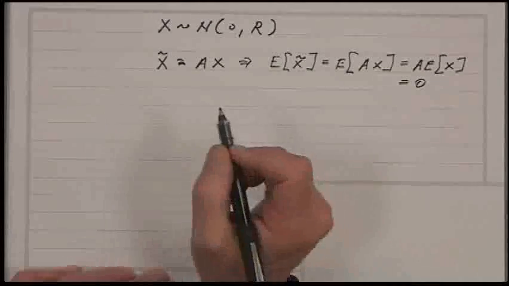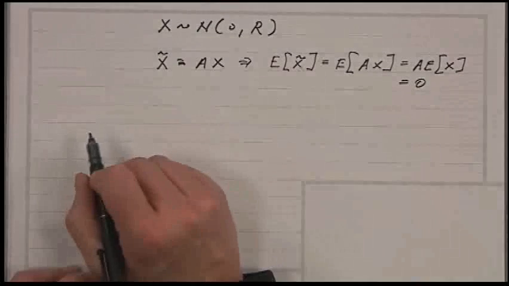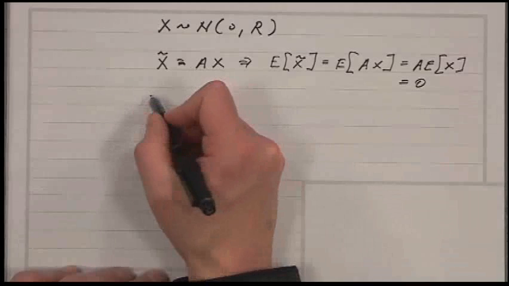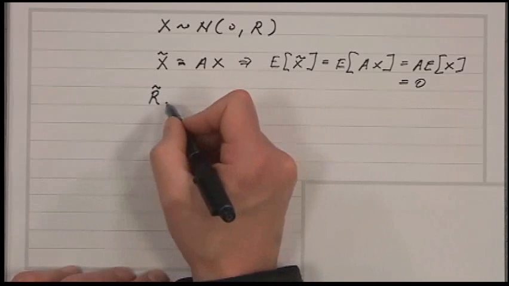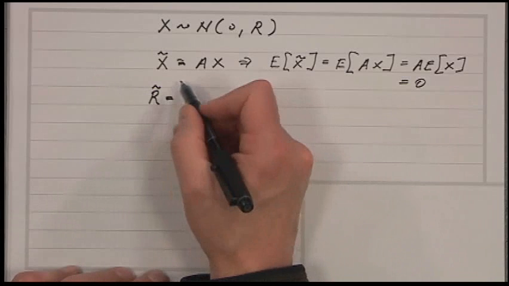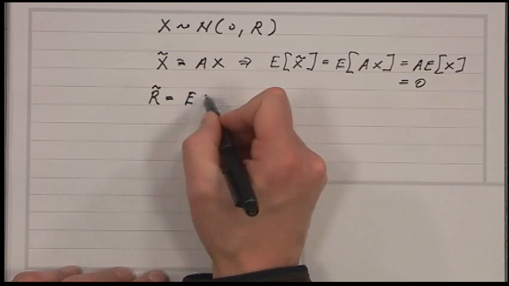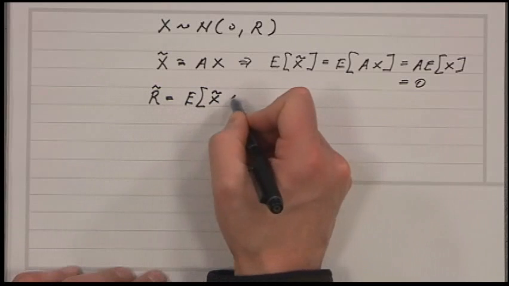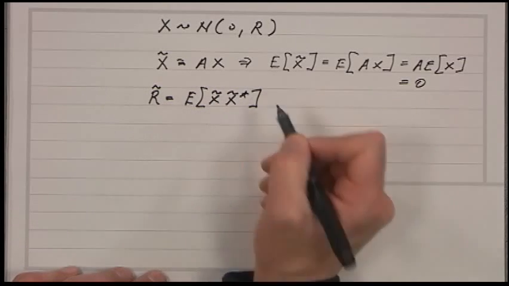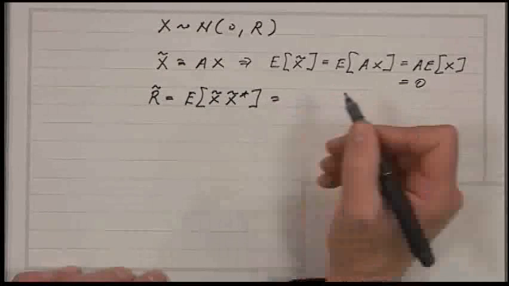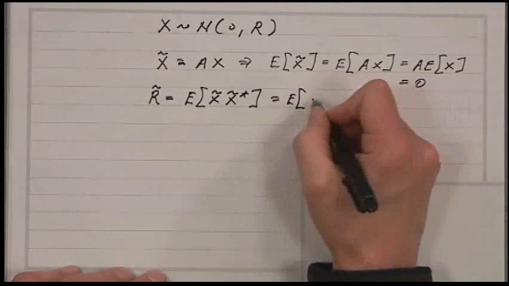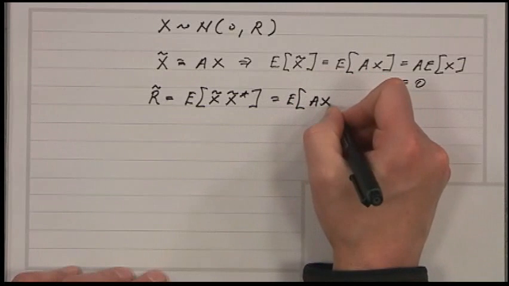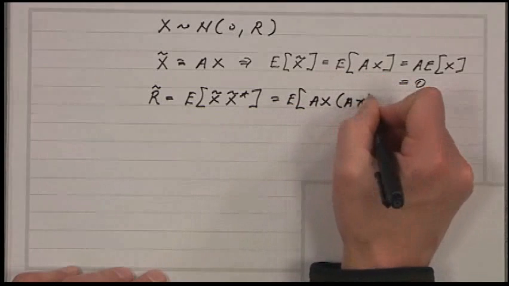Now the covariance R tilde, say, of x tilde is equal to the expected value of x tilde times x tilde transpose, right? So just substituting in here, I get that this is equal to the expected value of Ax times Ax transpose.